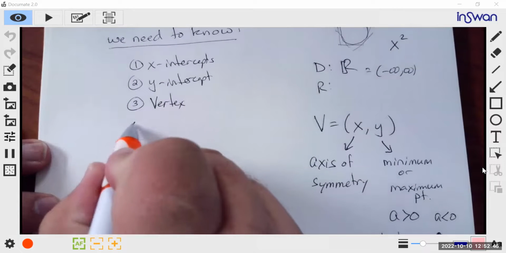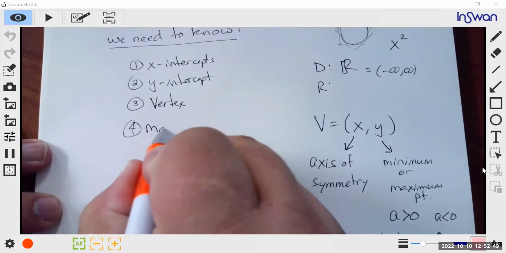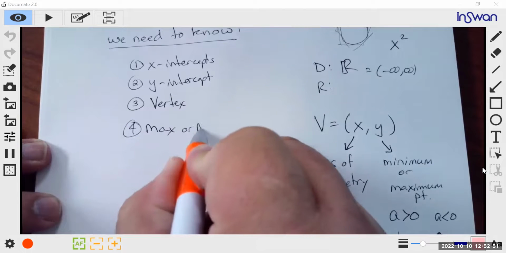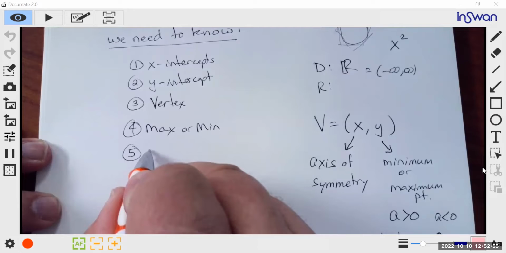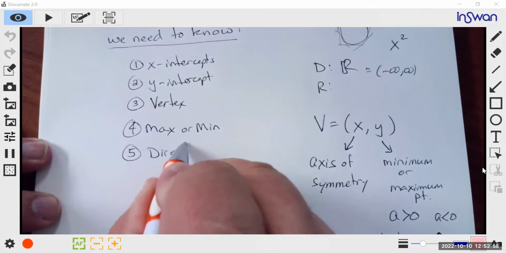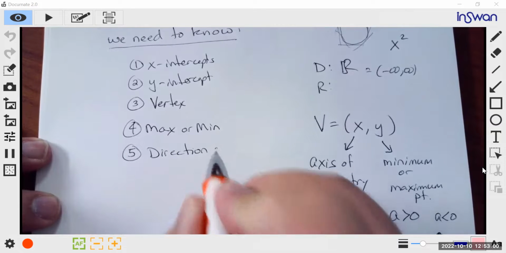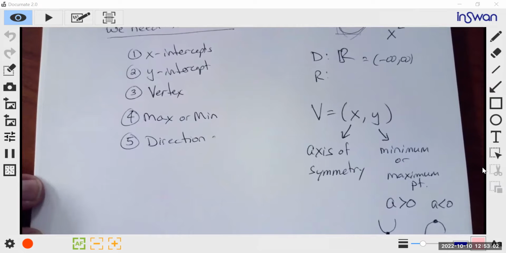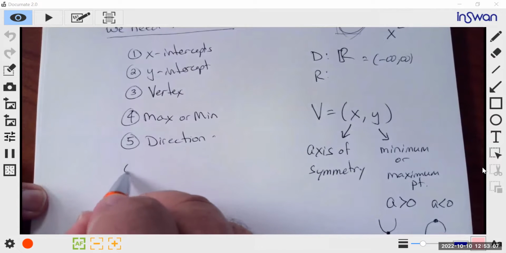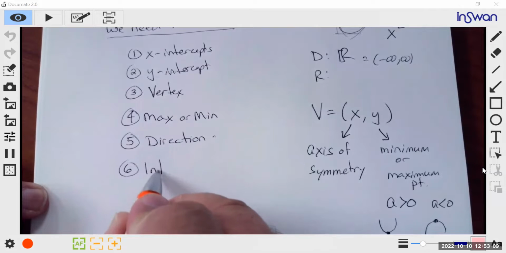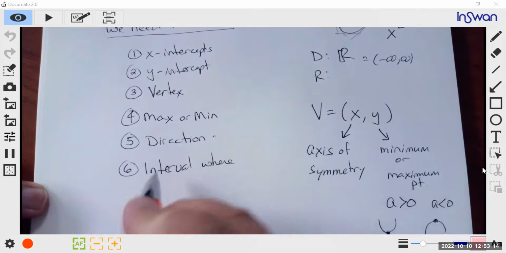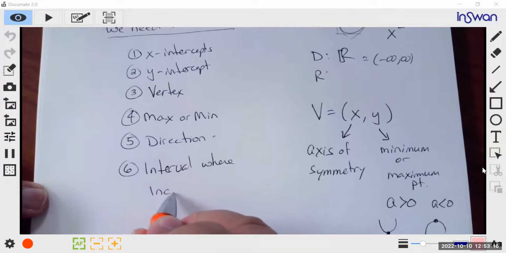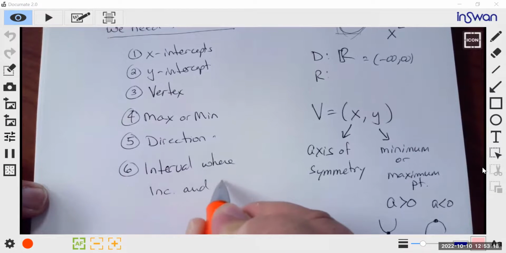So a couple more things. We can find the maximum or minimum. The direction of the graph. We can find the interval where it's increasing and decreasing.